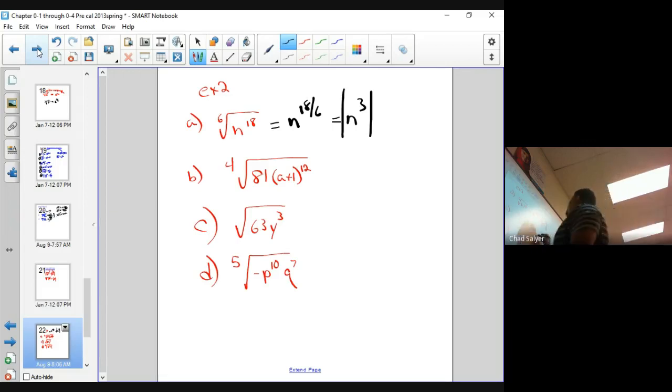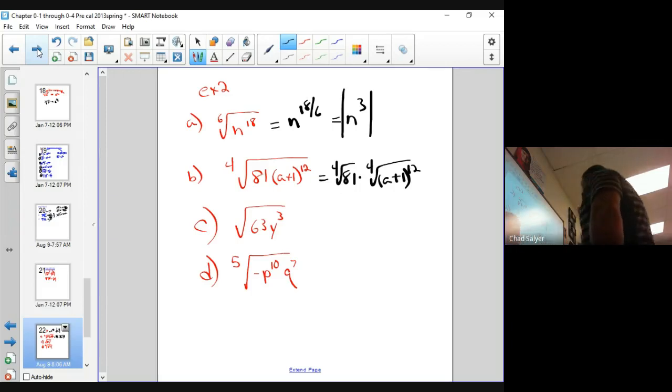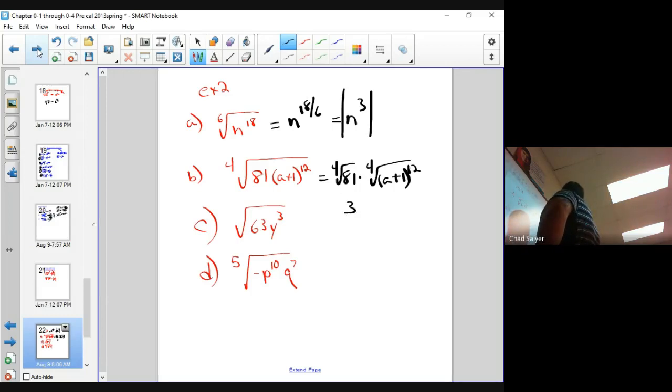Now the fourth root of 81 times the fourth root of a plus 1 to the 12th power. I'm going to break it up into two parts using that property of roots that we discussed earlier. The fourth root of 81 is 3. Now, I don't expect you to have all these memorized like I do. I've worked these problems out many times, and so I know a lot of this stuff by heart.